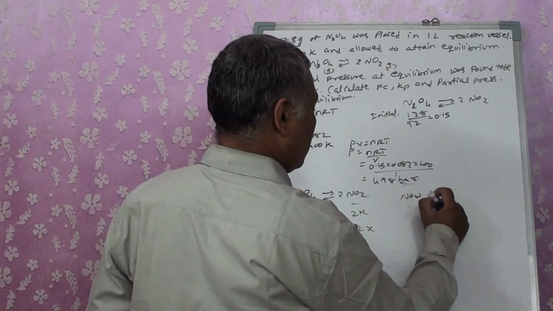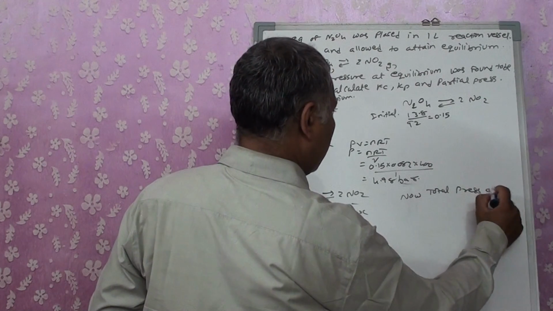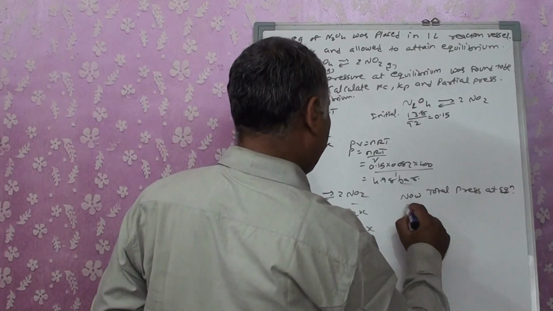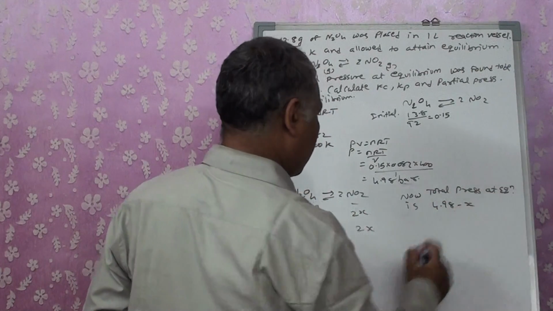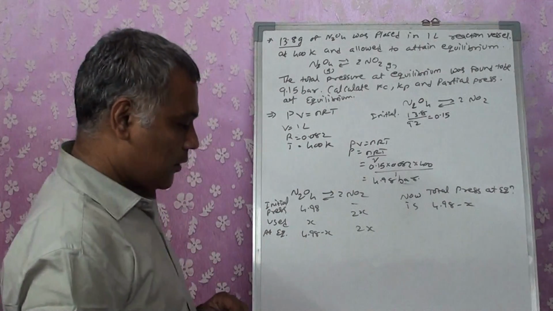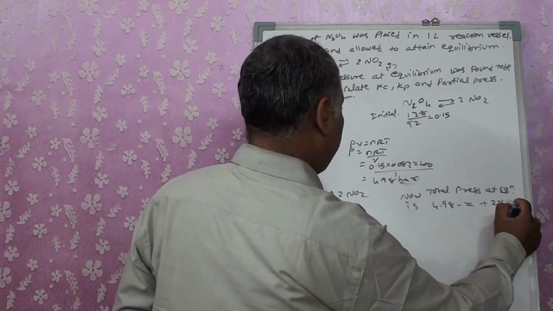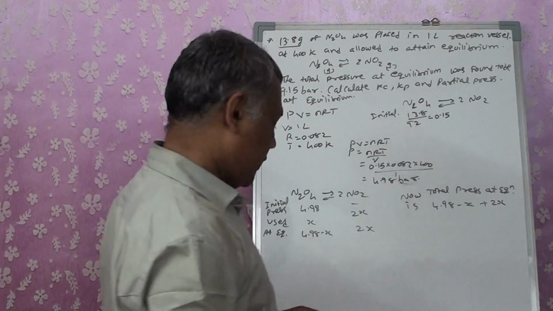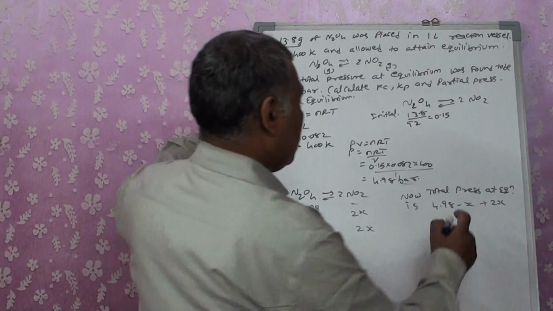The total pressure at equilibrium is 4.98 minus x plus 2x, and that is equal to the total pressure that is given to me.